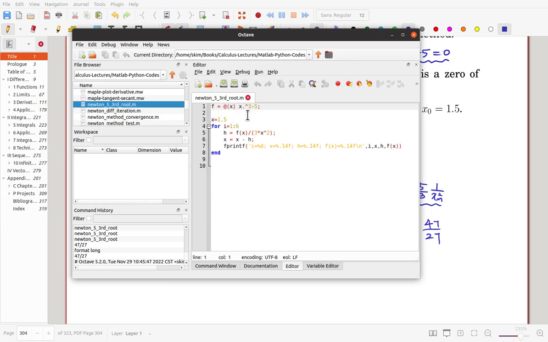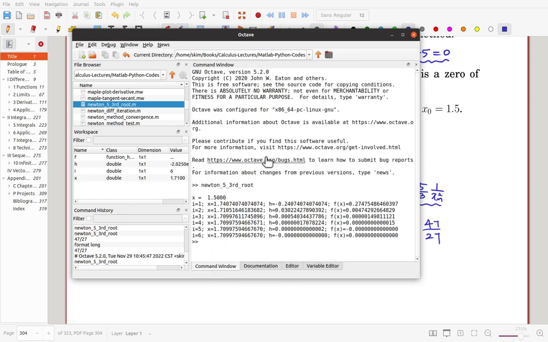F of x is x cubed minus 5, start with 1.5, and 6 iterations. There's f prime, the correction term is subtracted, and after each iteration we can see the updated value, the correction term, and the f value. Now we hit F5, and in the command window we can see that.